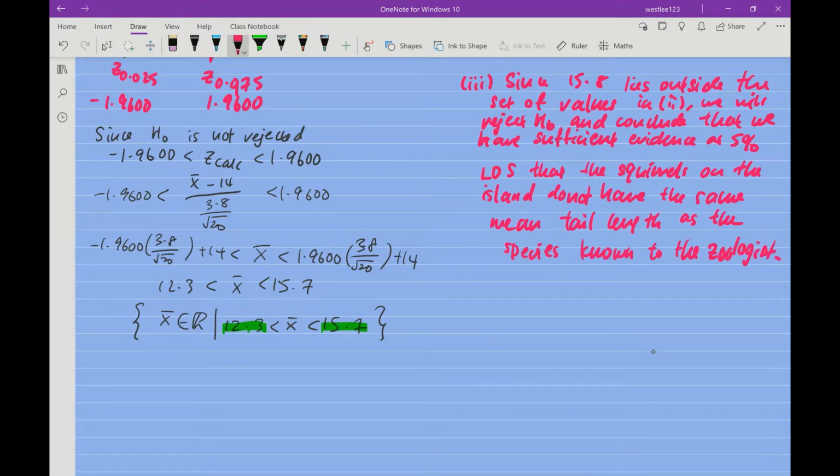All right. So for part 3, you don't have to do any calculation. You make use of the answer found in part 2 to make a conclusion.